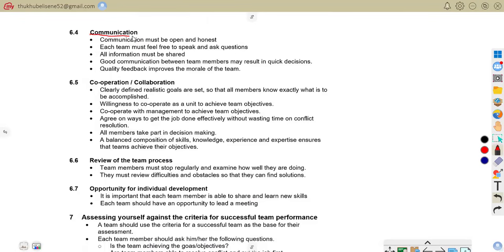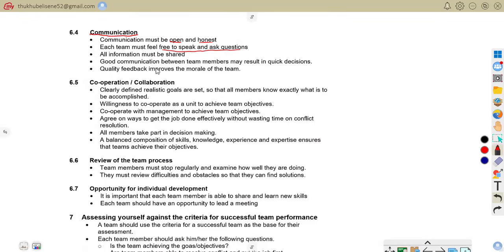Now we are on communication. Communication must be open and honest, so that is when the problems can be easily solved. If the communication is open and honest, each team member must feel free to speak out and ask questions. So each and every team member must be allowed to ask questions.